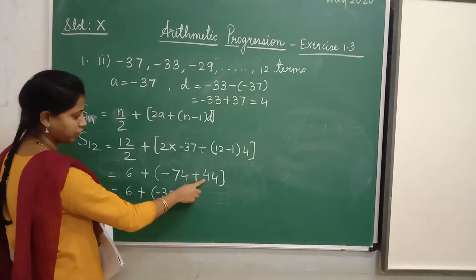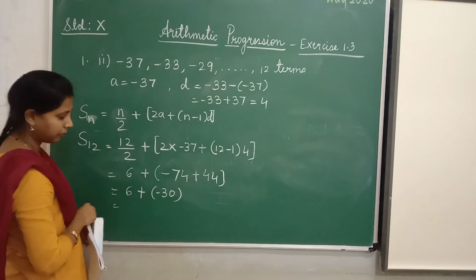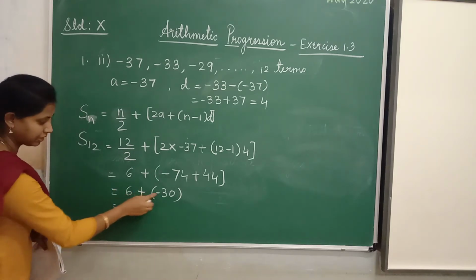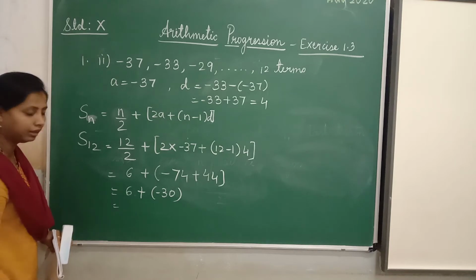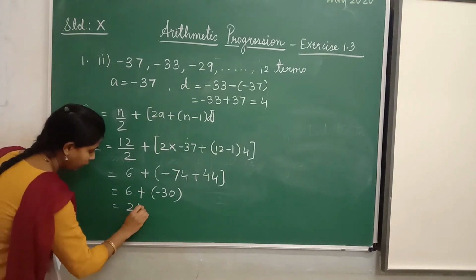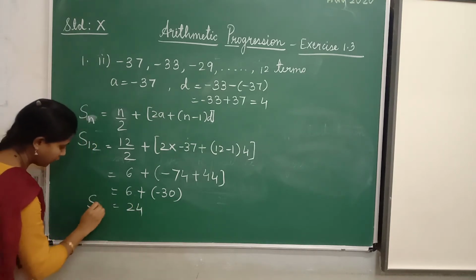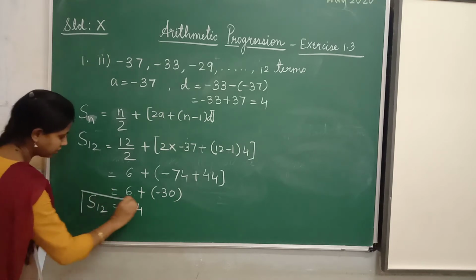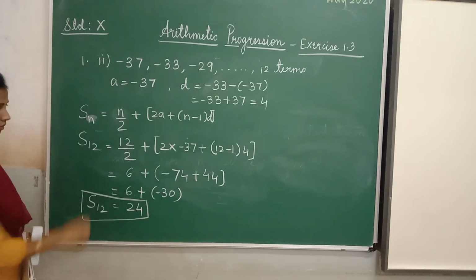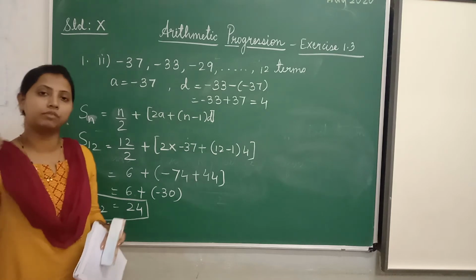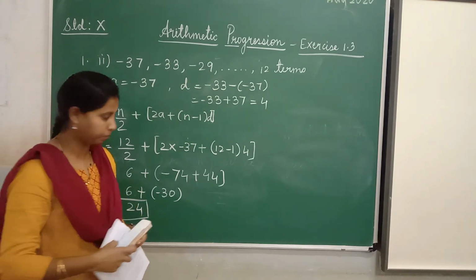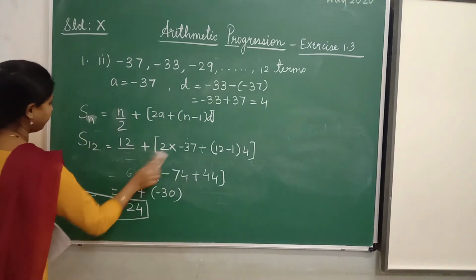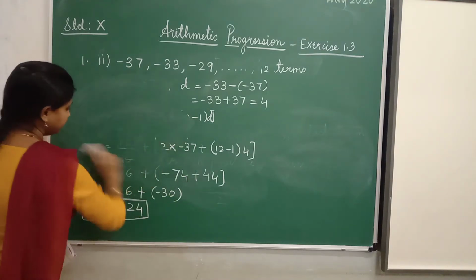Minus 74 plus 44 is nothing but minus 30. Now 6 into minus 30 is minus 180... So the sum of 12 terms of an AP is 24 here. Okay children. So this is the way you have to find the sum of terms in an AP. Okay. Now coming to the next example.